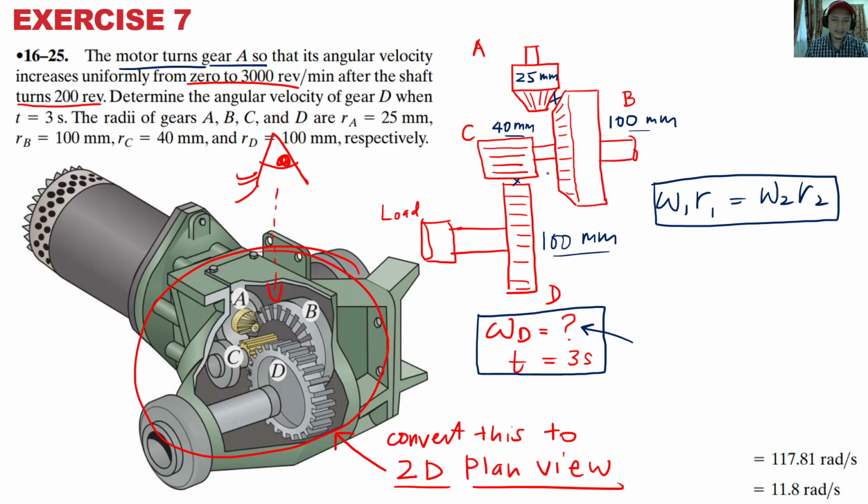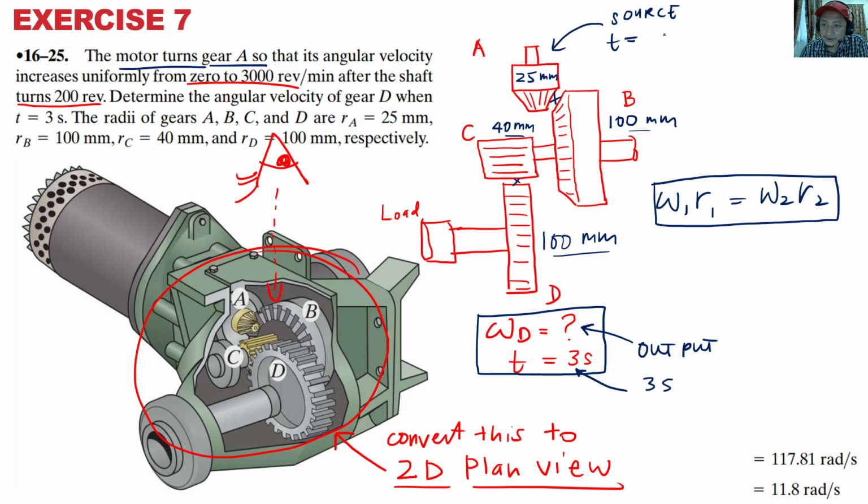After 3 seconds, since this is the output, and you need to find the output at time equals 3 seconds, you need to study what happens here. This is the source.